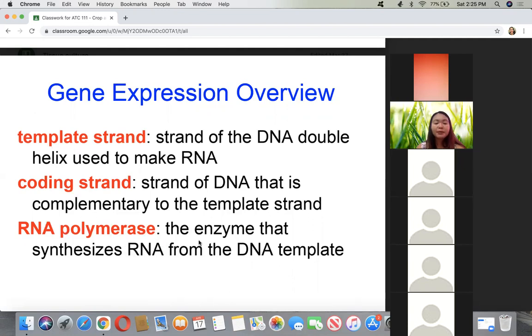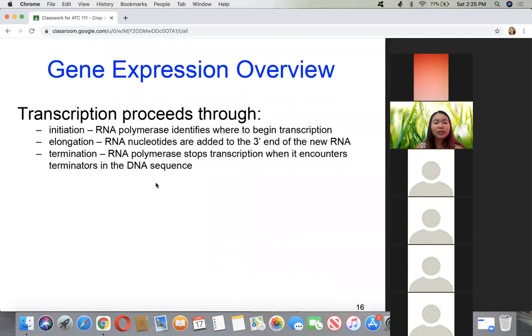And the RNA polymerase is the enzyme that synthesizes the RNA from the DNA template. So the transcription then proceeds through ang first step ay initiation wherein the RNA polymerase identifies where to begin transcription, and the elongation wherein the RNA nucleotides are added to the 3' of the new RNA, and the termination wherein the RNA polymerase stops transcription when it encounters terminators of the DNA sequence.